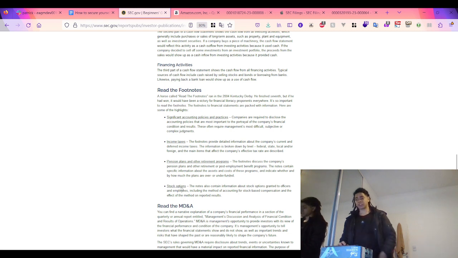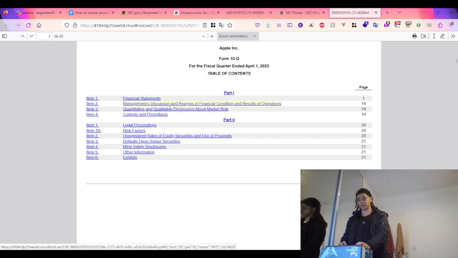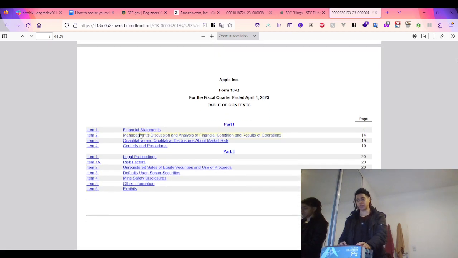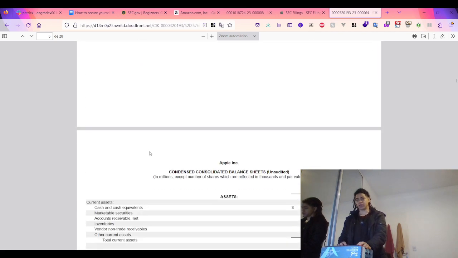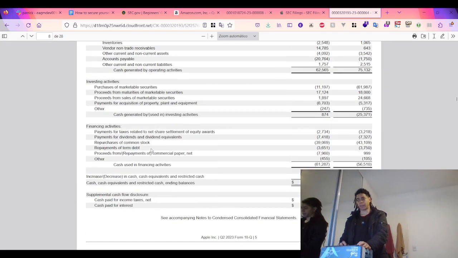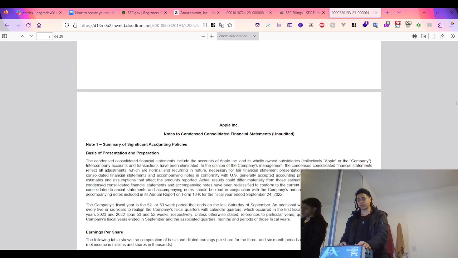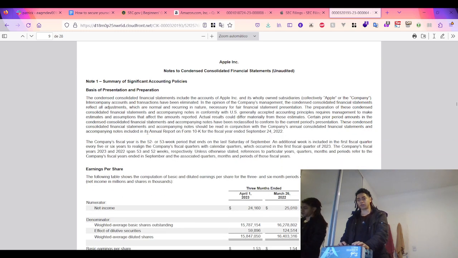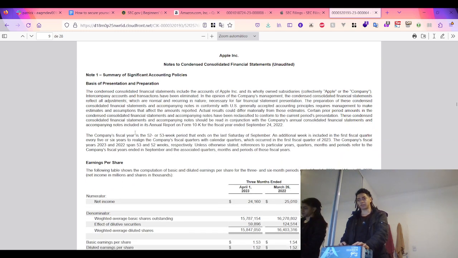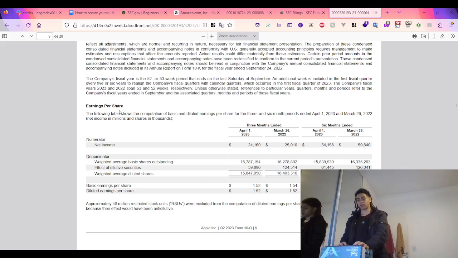And then you look at the stock options here in the financial statements, the last section of the consolidated financial statements. So here they're supposed to talk about basis of presentation and preparation, earnings per share.